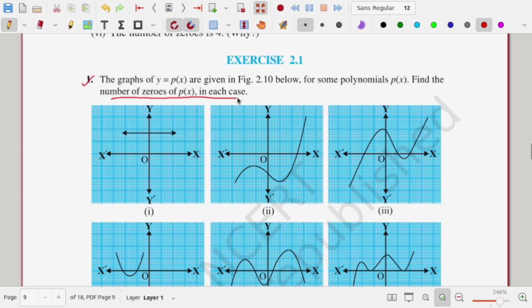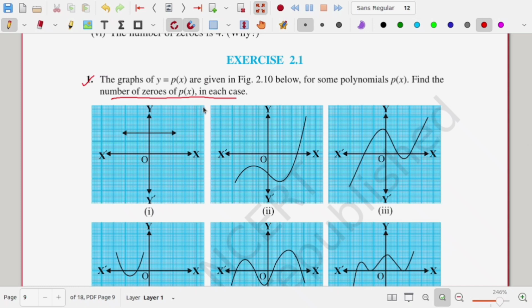So here some graphs of polynomial p(x) are given, and we have to find the number of zeros in each case. That means how many zeros are there in each graph? Okay, so how to find the number of zeros of any polynomial if the graphical representation is given?